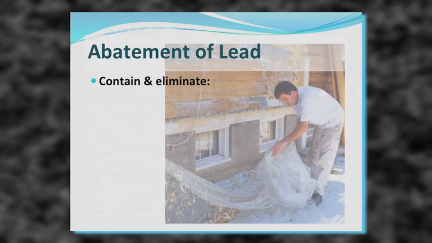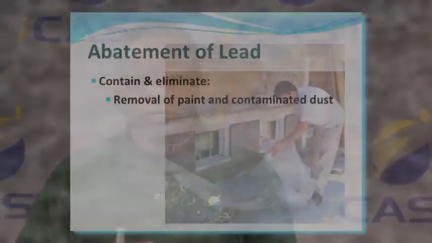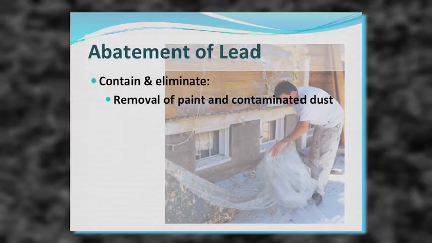Now, abatement of lead. We're going to talk about this. So when we abate lead, we have to contain it as we're eliminating it. And again, depending on the regulations in the area that you're working, determine what you have to do. Okay? But all these abatement techniques involve the removing of the paint and any related paint dust. Okay?